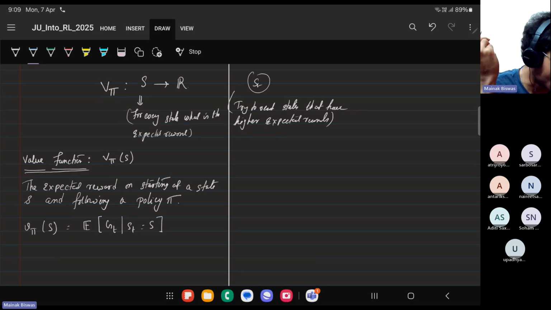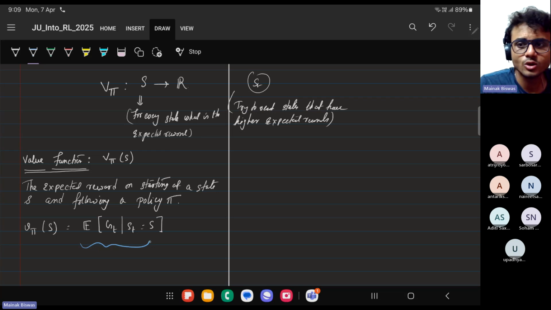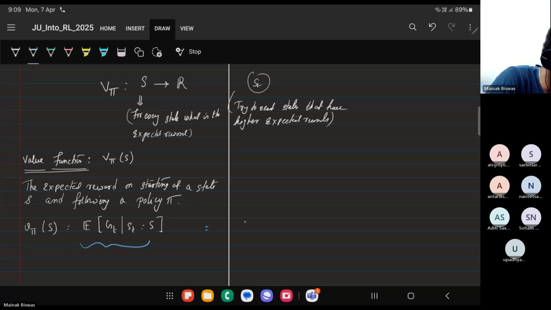Okay. So fine. What do we define this as? This is the expected reward you are going to expect from a particular state. It's the summation over RT plus 1, plus gamma RT plus 2, plus dot dot dot.